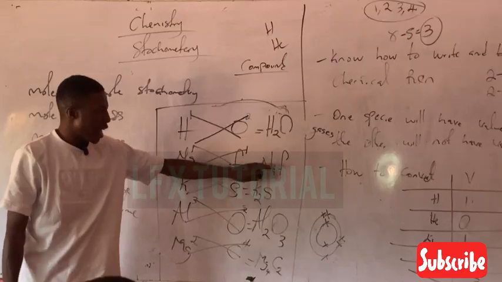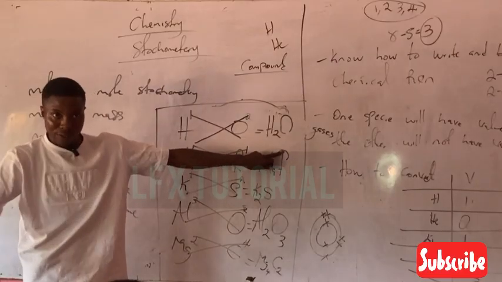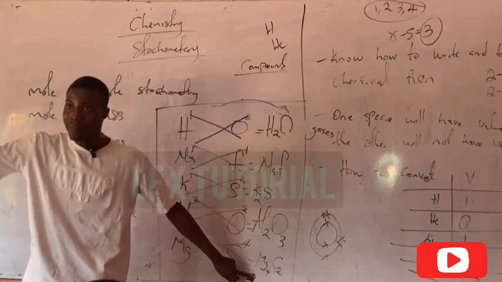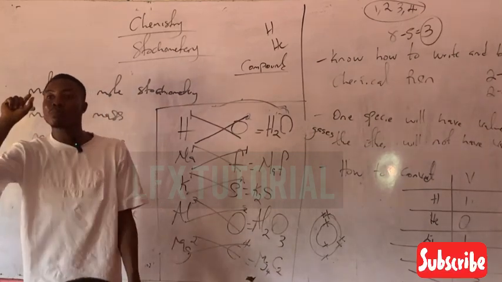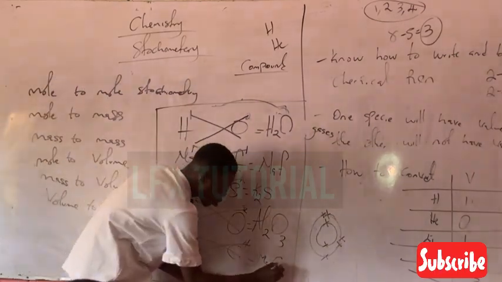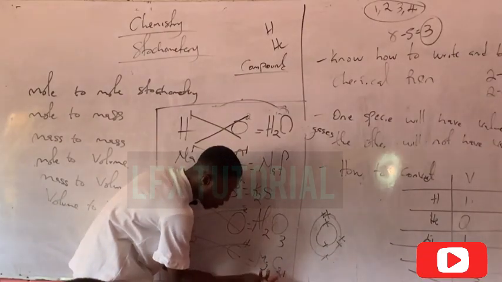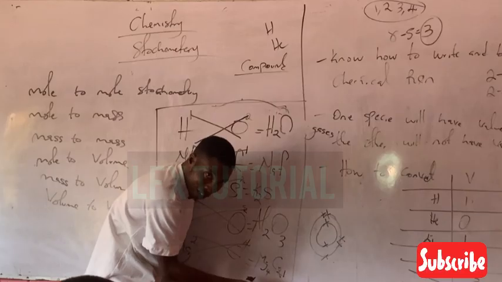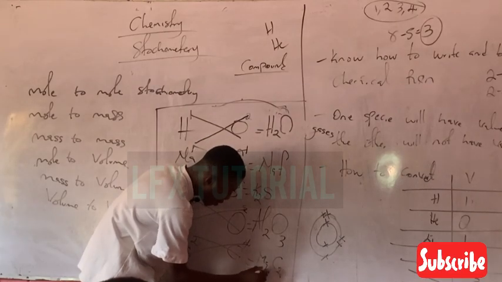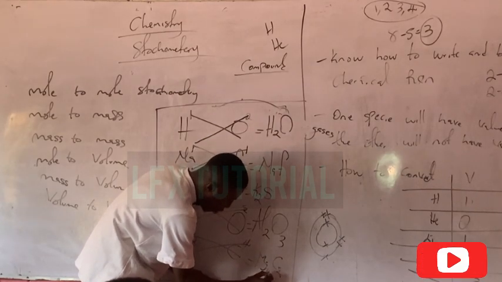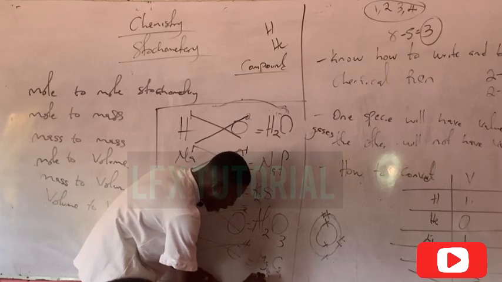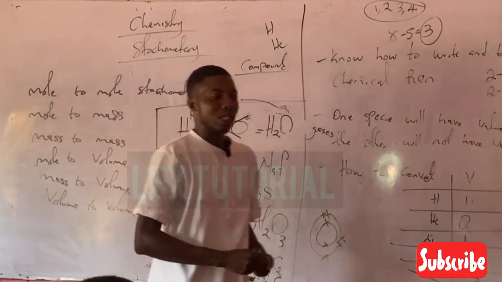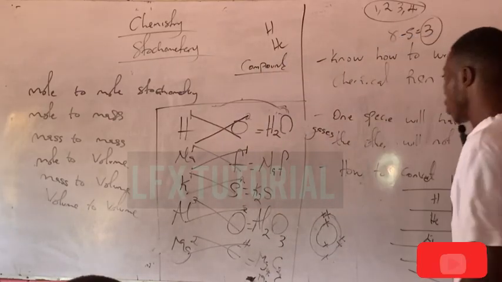If they can divide, we divide further to make it a simple ratio. 2 divided by 2 is 1, but we don't write 1. 4 divided by 2 is 2. So at the end, we have Mg2C. So this is magnesium carbide.